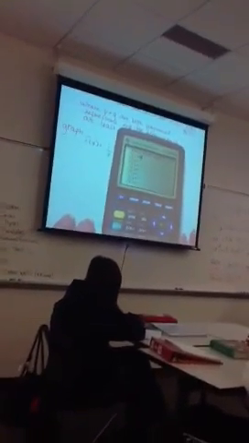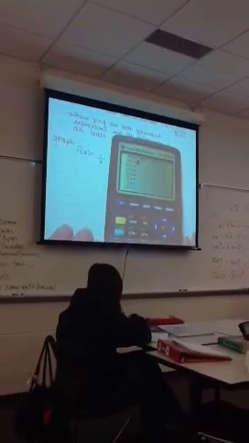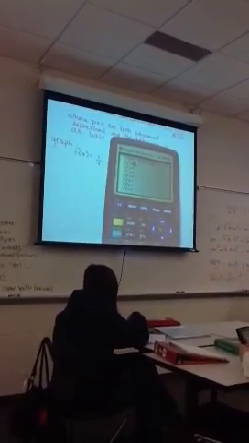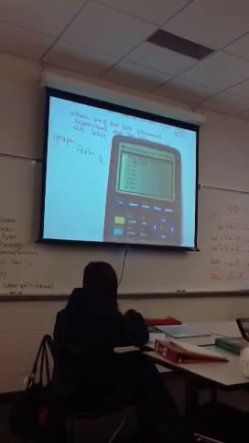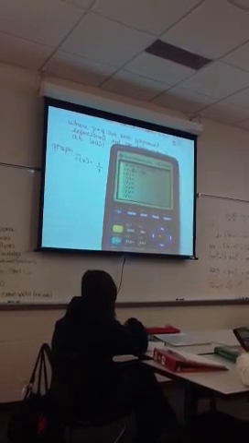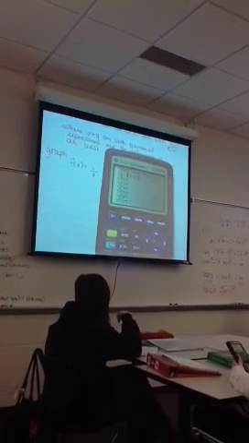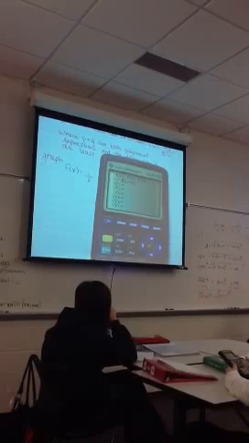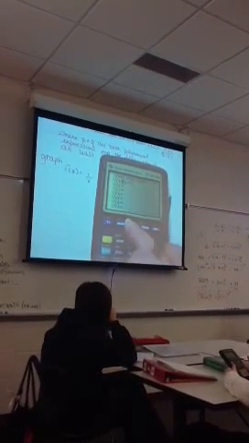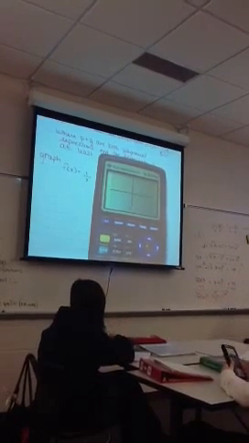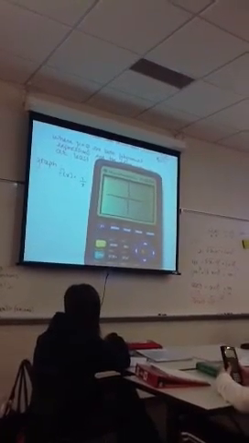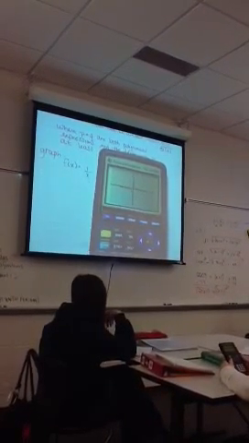I want you to go into your y equals, and on your y equals we're just going to graph 1 divided by x. And this time instead of hitting graph, just because we've had a lot of other stuff in our calculators lately, I want you to hit zoom 6. So that we all start with the same basic function or spaces.